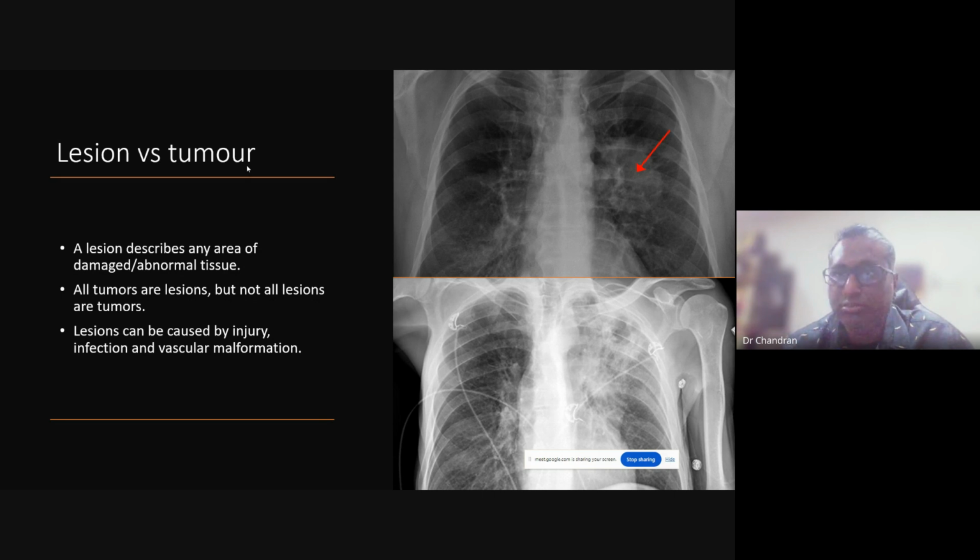For example, a tumor is a lesion. But if I know this is a growth, then I call it a tumor. Lesions can be anything like an injury, abnormal areas because of hemorrhage where blood vessels broke, some infection, or something like vessel abnormality. All of them are called lesions, right?